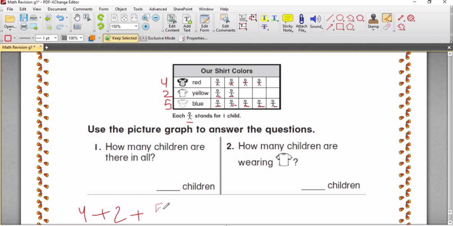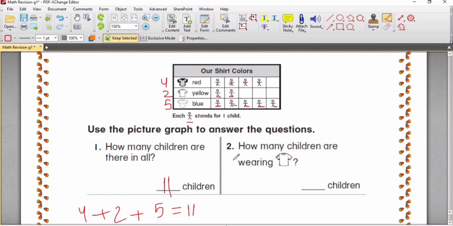It will be a little hard for you to add 3 numbers, so let's do it step by step. 4 plus 2. After 4: 5, 6. So 4 plus 2 equals 6. Then we will add 5. After 6: 7, 8, 9, 10, 11. So in all we have 11 children. Okay.